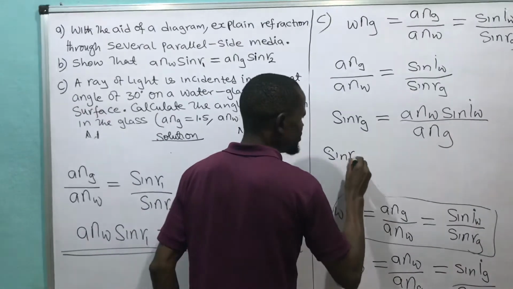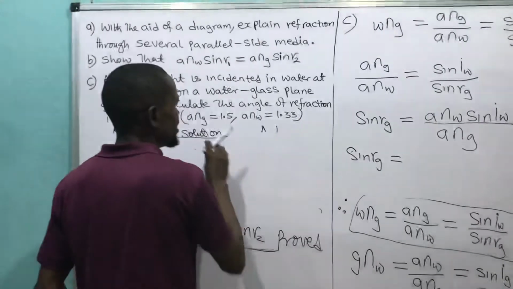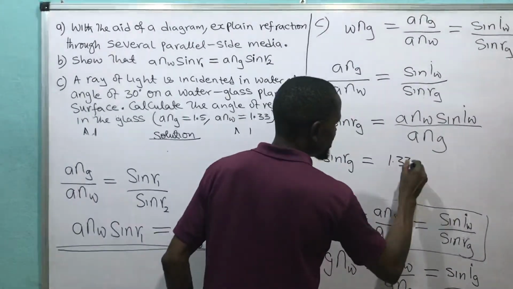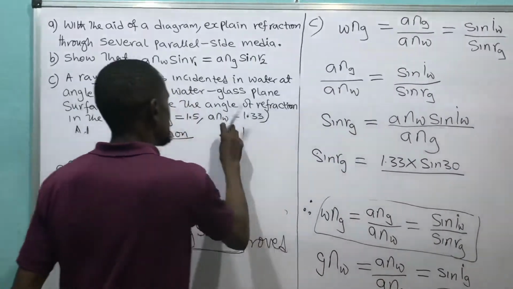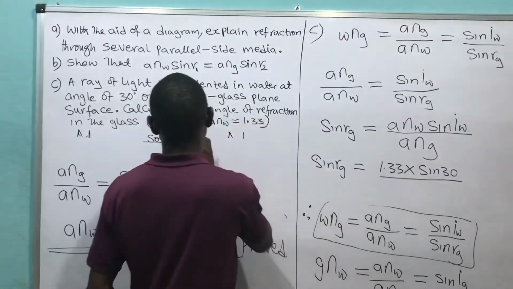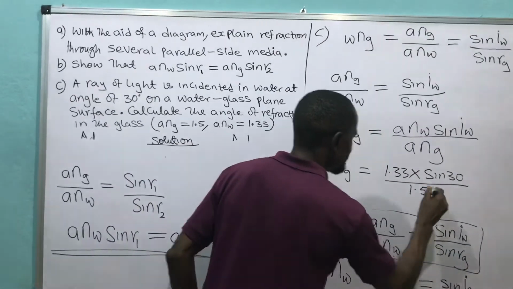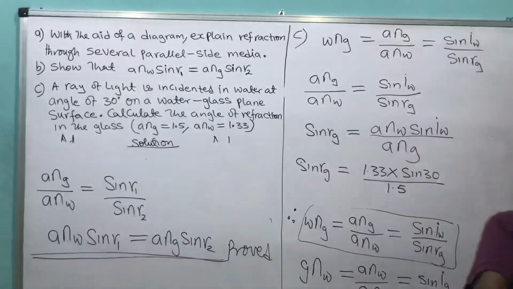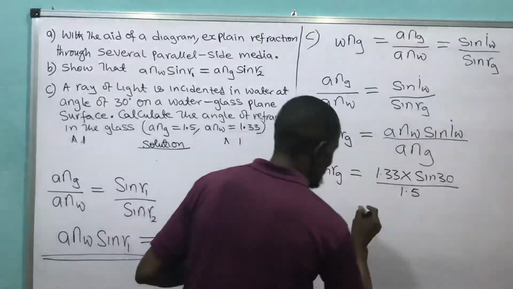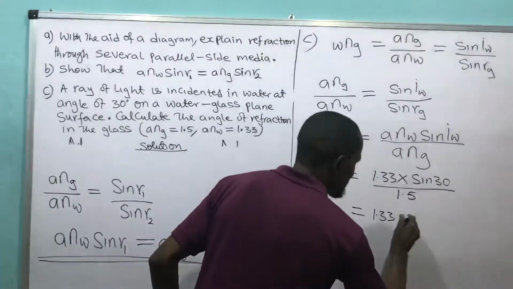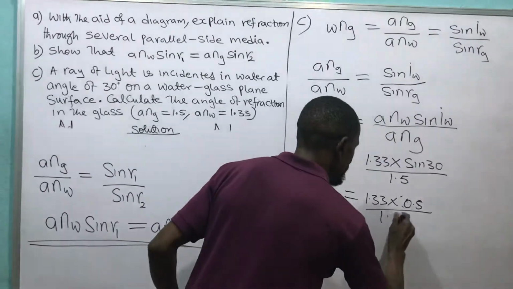What do they give me? Sine of r equals a_n water, which is given to me as 1.33, times sine of 30, over a_n glass, which is 1.5. Can somebody press it for us fast? This gives us 1.33 times sine 30, which is 0.5, all over 1.5.